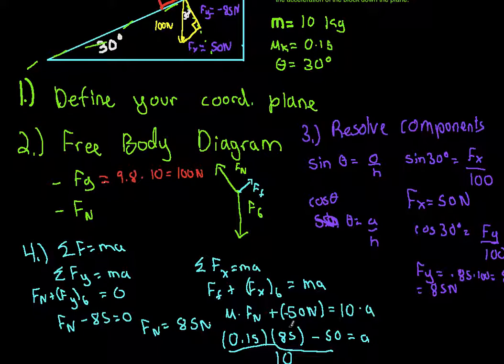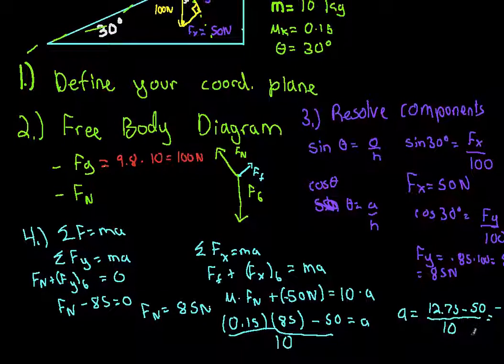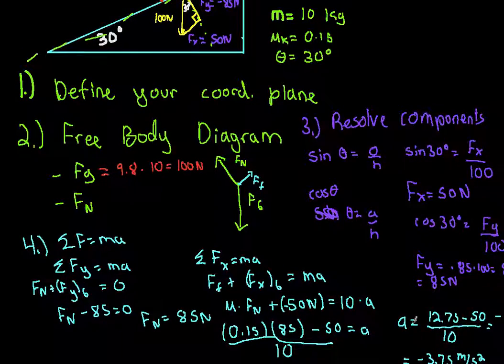It's 12.75. So your acceleration is going to end up equaling 12.75 minus 50 over 10. 12.75 minus 50 is going to be negative 37.25, over 10 is going to give you negative 3.725, and we know the units are meters per second squared because everything else was in standard units as far as newtons and kilograms.